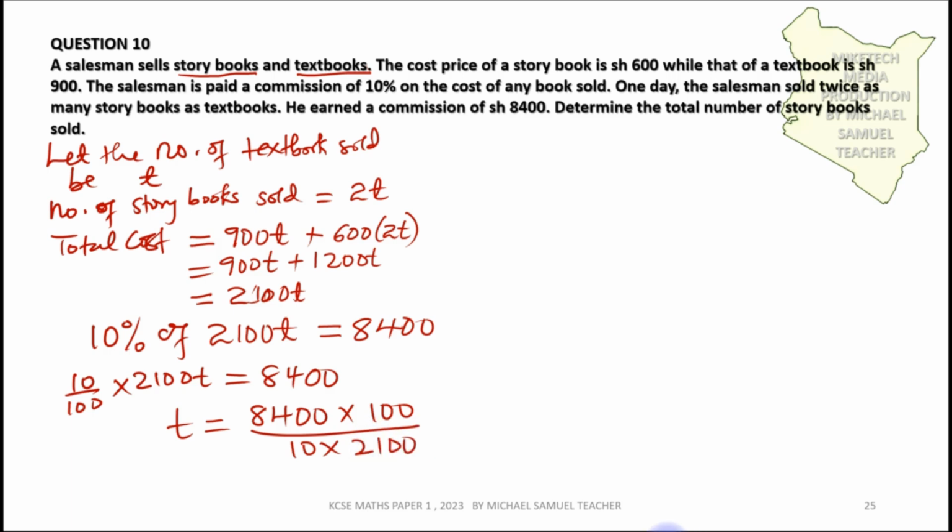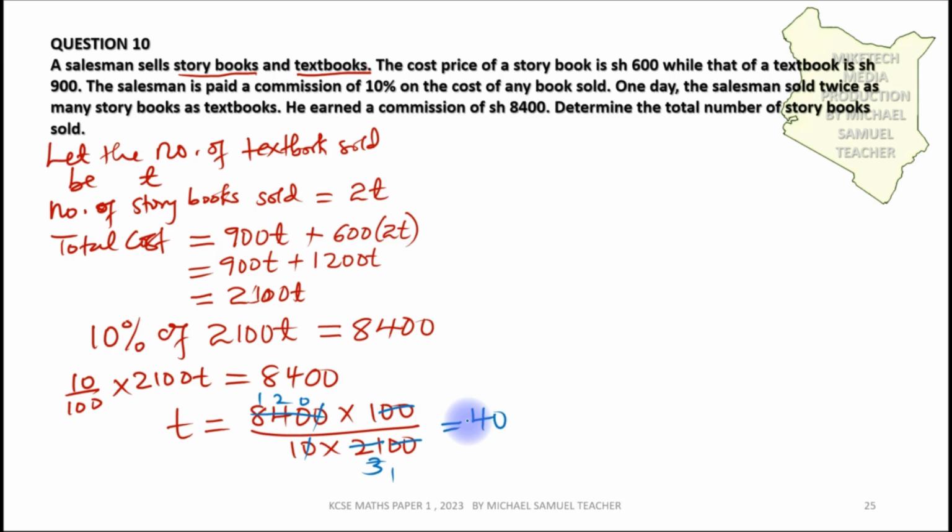So if we divide, 0 and 0 will cancel, 0 and 0 will cancel, by 7, 3, by 7, 1, 2, 0, and by 3, 1, by 3, 40. So T is equal to 40.